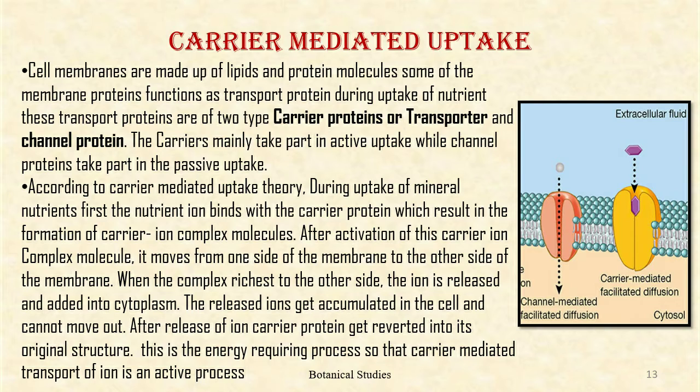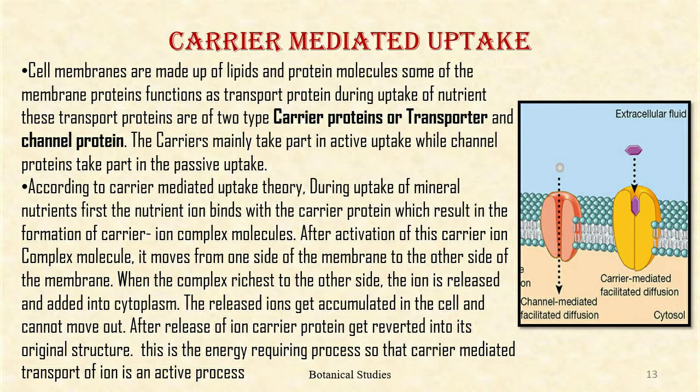According to carrier mediated uptake theory, during uptake of mineral nutrients, first the nutrient ion binds with the carrier protein, which results in the formation of a carrier ion complex molecule. After activation of this carrier ion complex molecule, it moves from one side of the membrane to the other side.